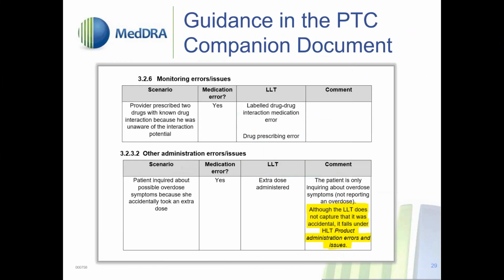So an example for a monitoring and resulting prescribing error can be found in the PTC companion document, the Points to Consider companion document, one of the ICH guidance documents that we offer to MedDRA users.